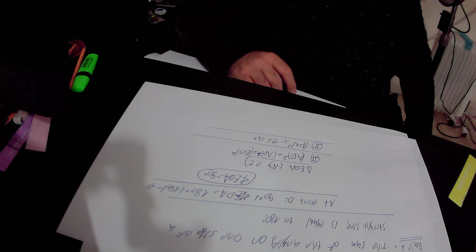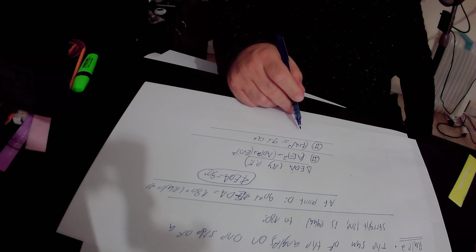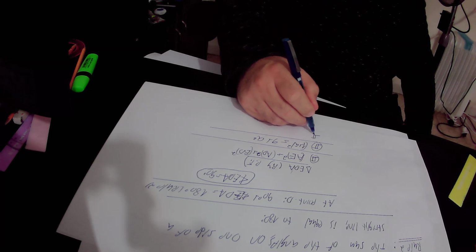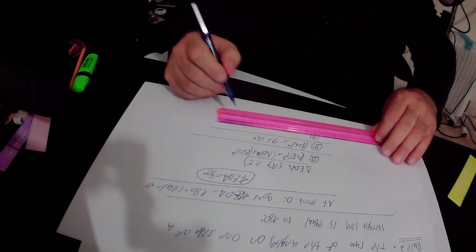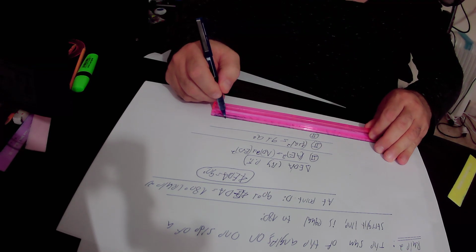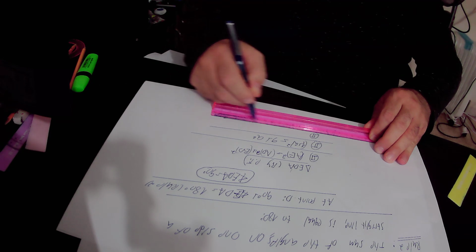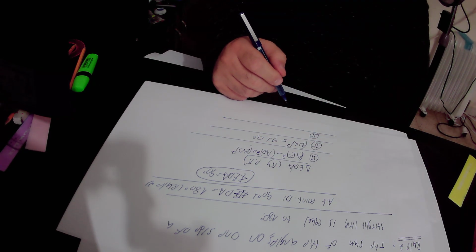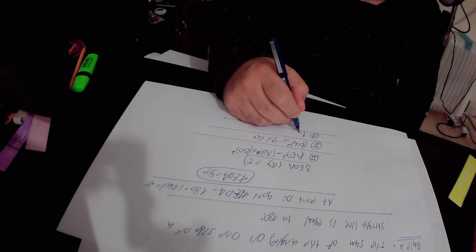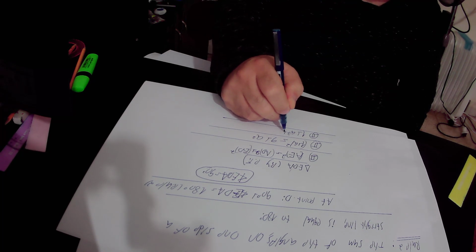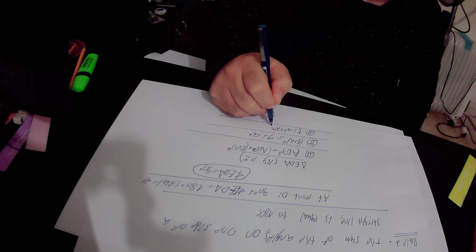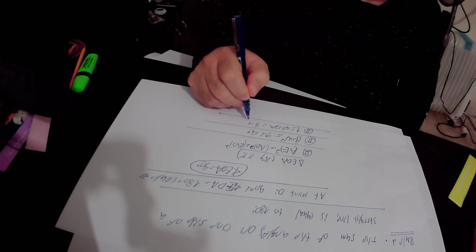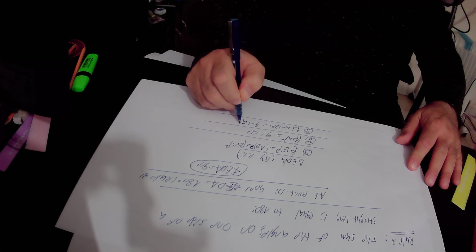Here we will open the brackets on this side of equation number 2, and we get that (1 plus A) squared equals 1 plus A squared plus 2A, and it is equal to 9 plus A squared.